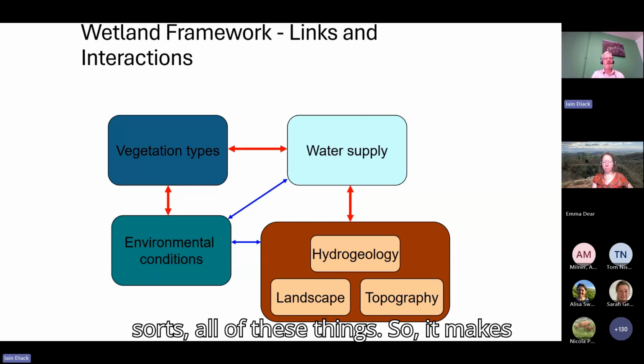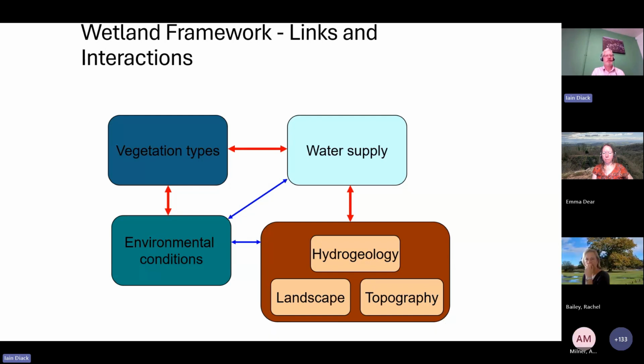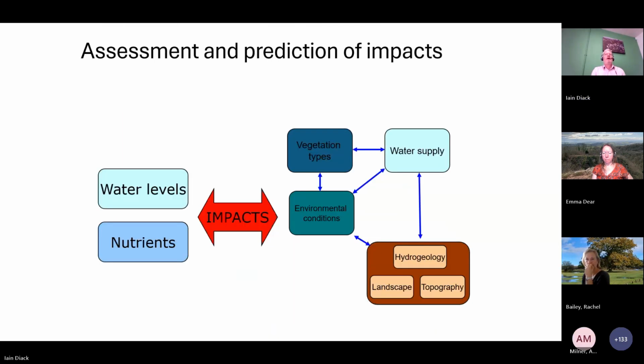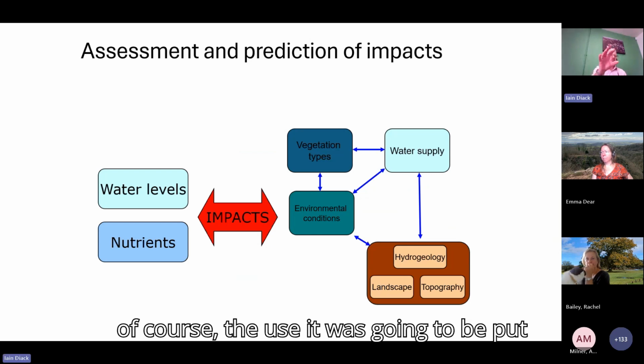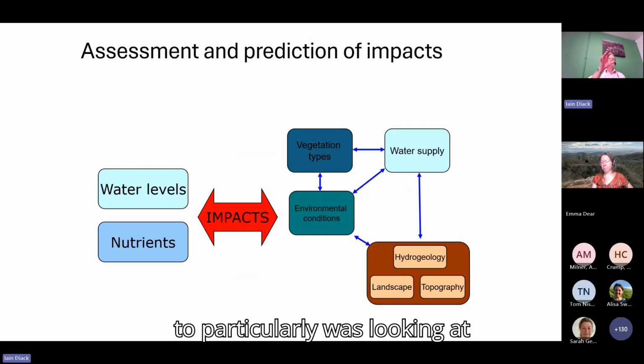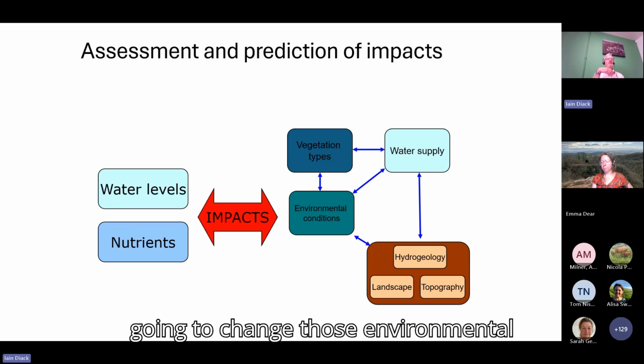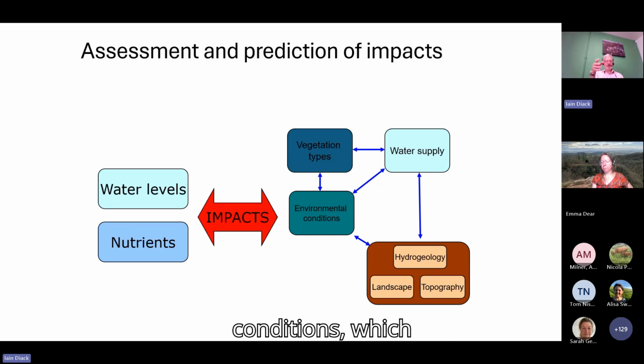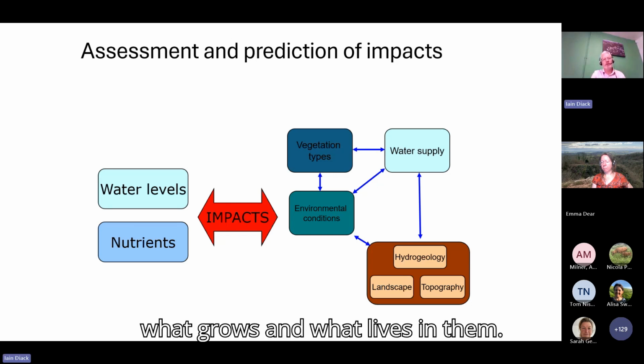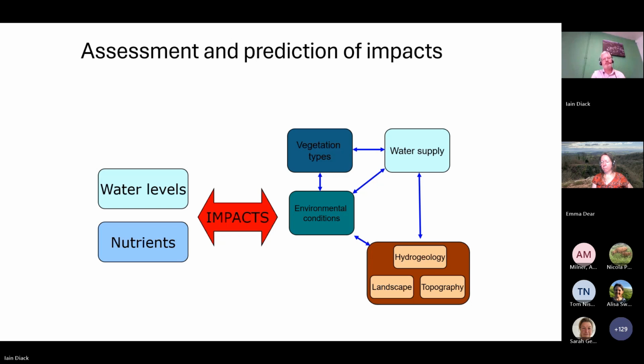So it makes a lot of sense, this approach. And of course, the use it was going to be put to, particularly, was looking at abstraction impacts and discharges and various things that were going to change those environmental conditions which drive, obviously, what grows and what lives in them.